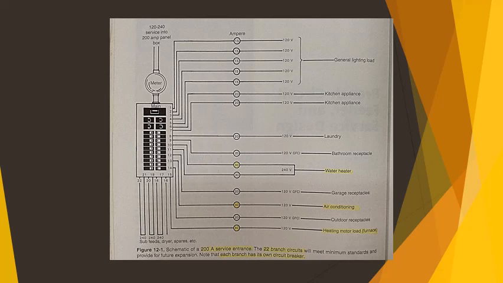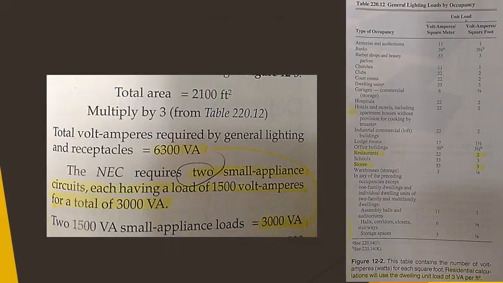General lighting load calculations. Although the NEC refers to this calculation as a general lighting load calculation, this load also covers small appliances, laundry units, bathroom requirements, and most receptacles throughout the home.